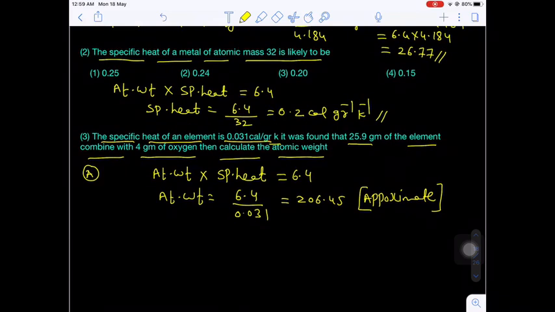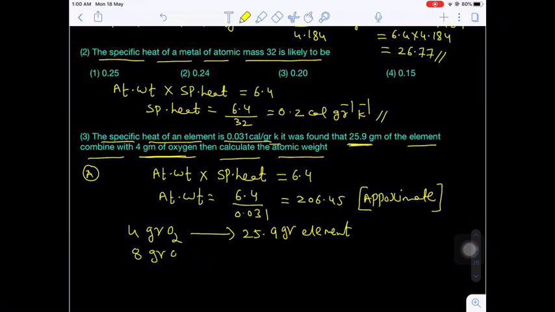Now here one more piece of information is given: 25.9 grams of this element will combine with 4 grams of oxygen. Do you know what the equivalent weight of oxygen is? 8 grams. 8 grams of oxygen will combine with how many grams of element?